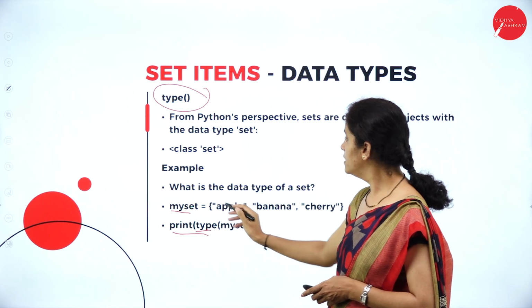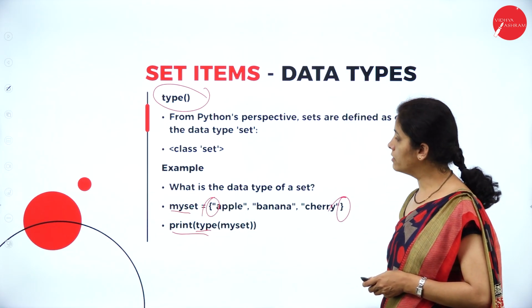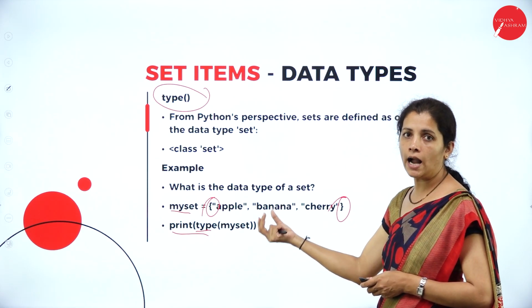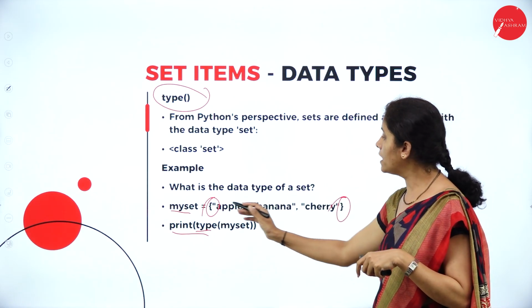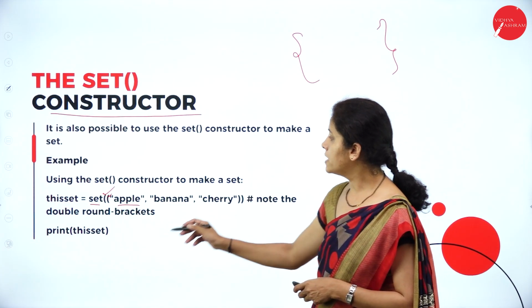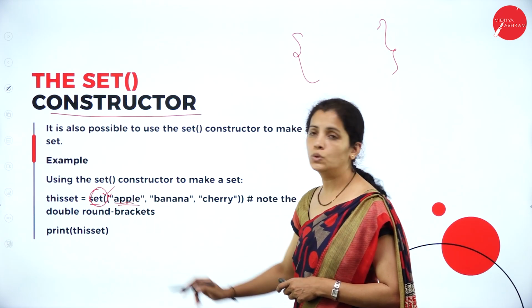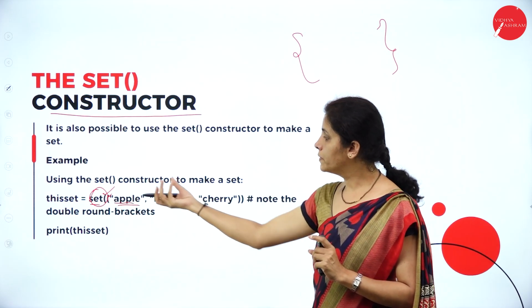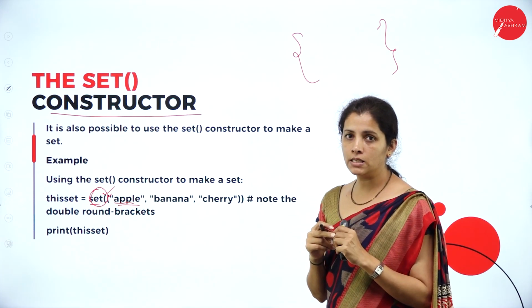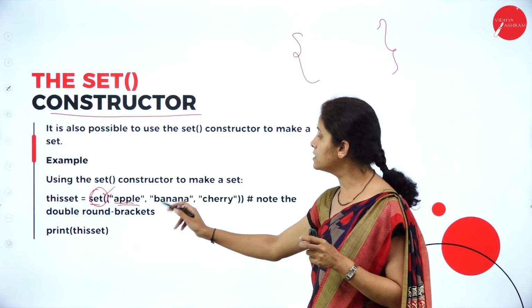With curly braces, I place each item within double quotes, and I separate the items with commas. Here also it is the same, but I'm using the set constructor, and to store string values, I place the strings within double quotes, and I separate them with commas.